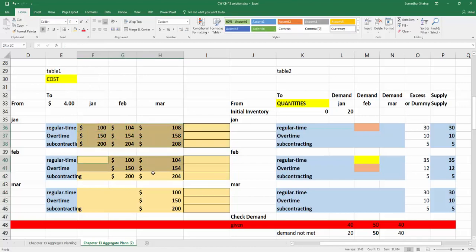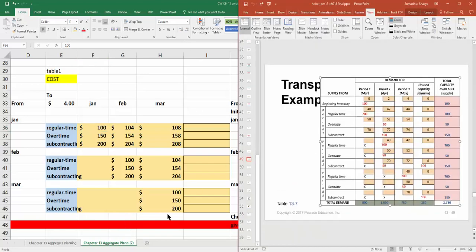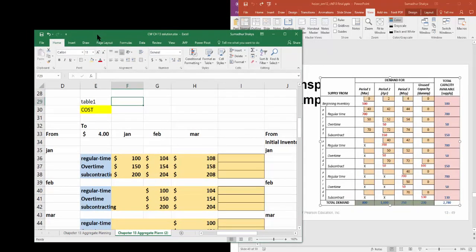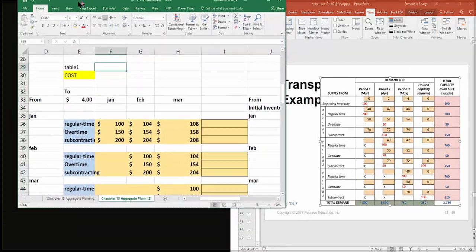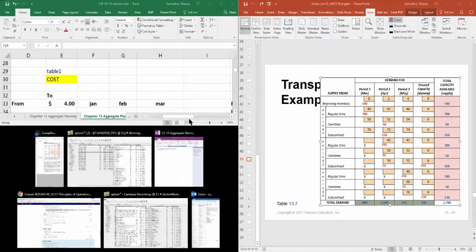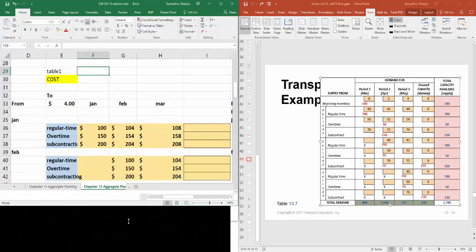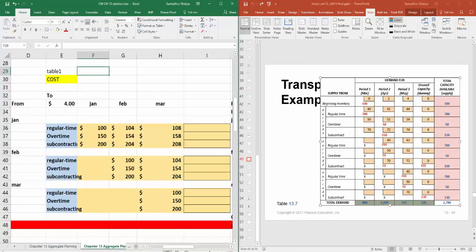This, and this. And the way we can design this cost table is, let's say for example, the given values to us were, I want to see this together with this. Okay.